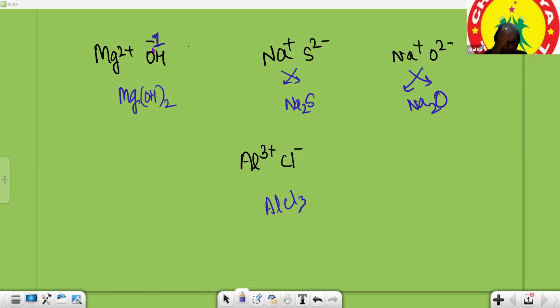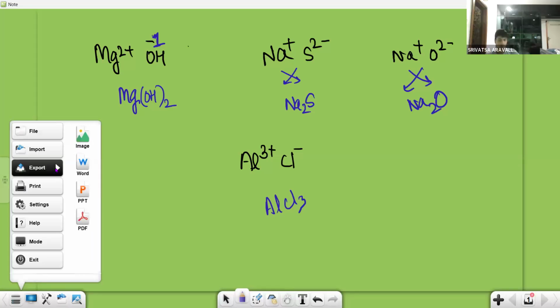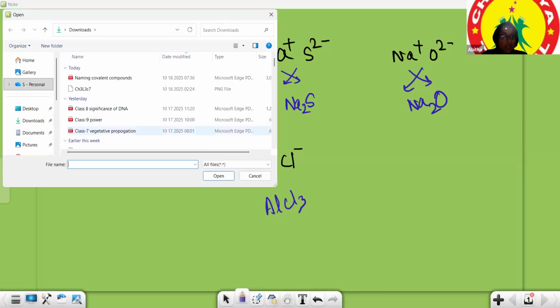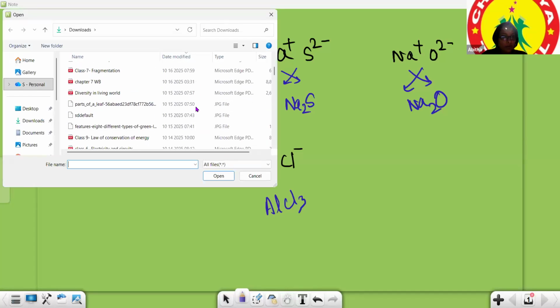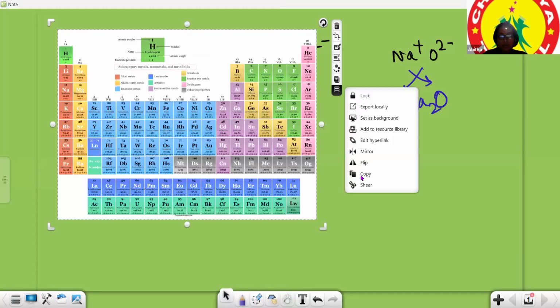Let's see one more question. See, actually in the exam, you don't get the charges given to you. So you have to make your own charges. For that, you need to know which group each element belongs to. Let me show you.